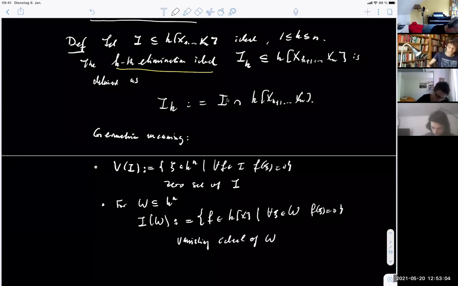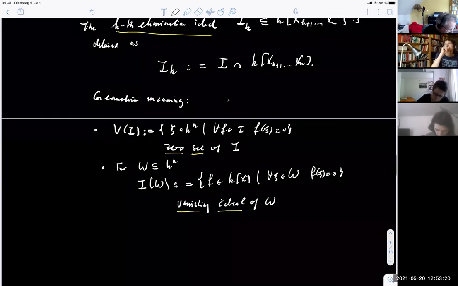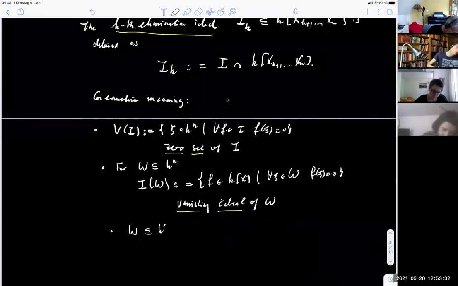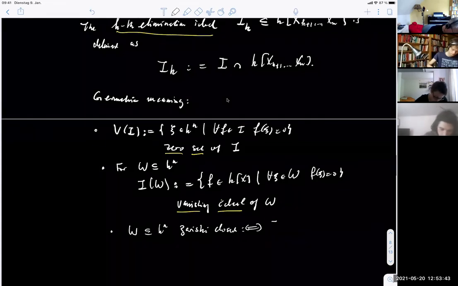Of W. So these are actually very important definitions. They are just here for illustration, since the lecture is on commutative algebra. Now one says W as a subset of k to the n is Zariski closed if and only if, that's also a definition, it's the zero set of an ideal.